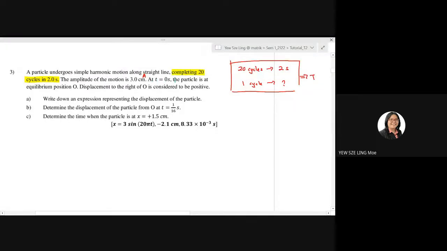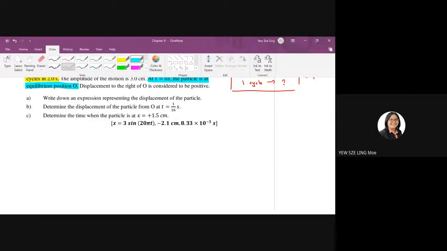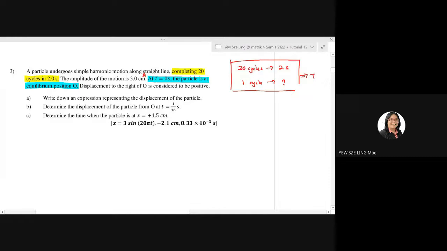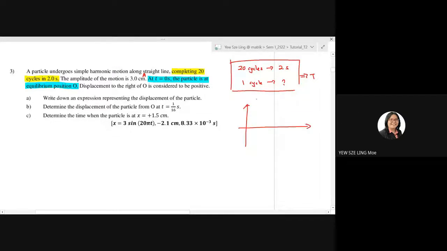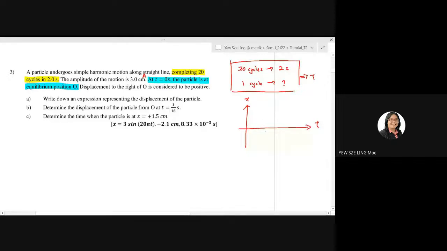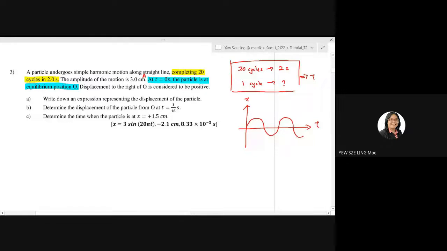Well, it tells you that you have a graph that starts from the origin. So you have a sine function here, because your object starts from the origin.